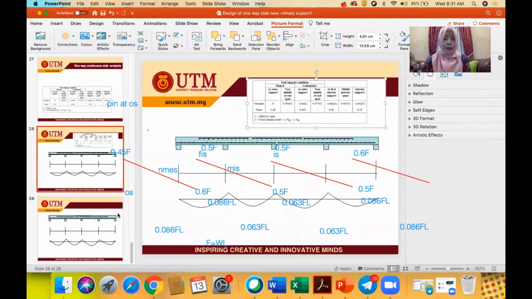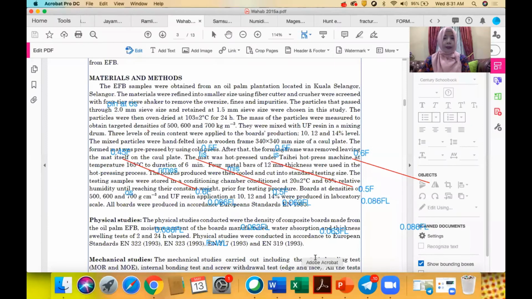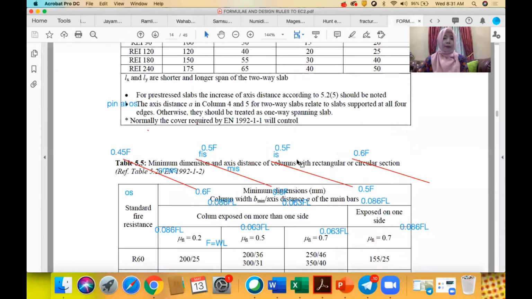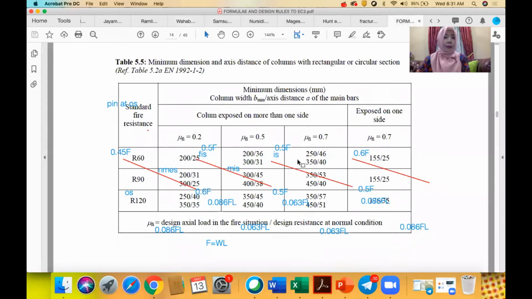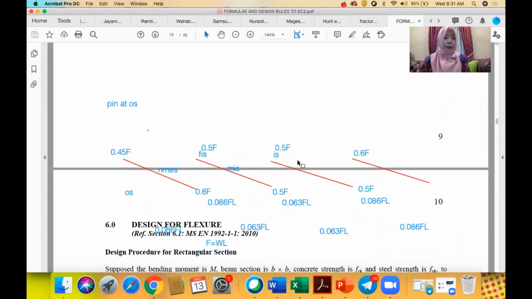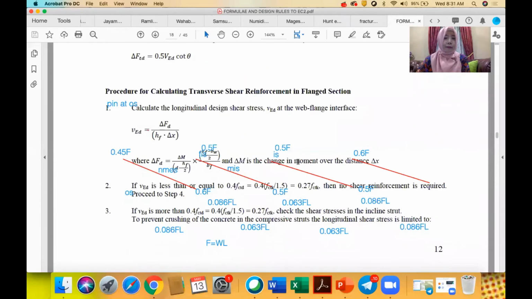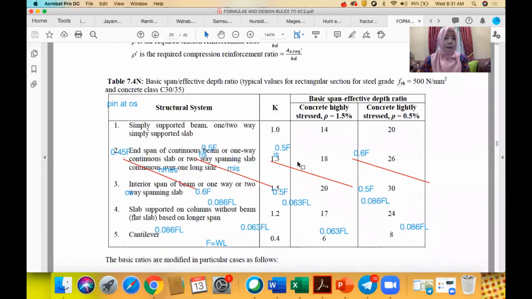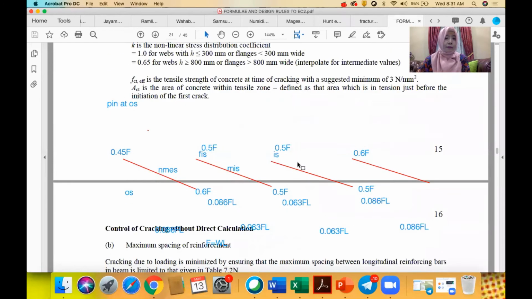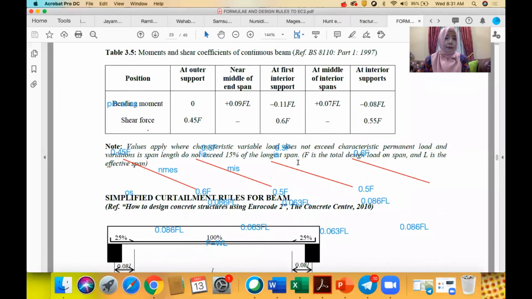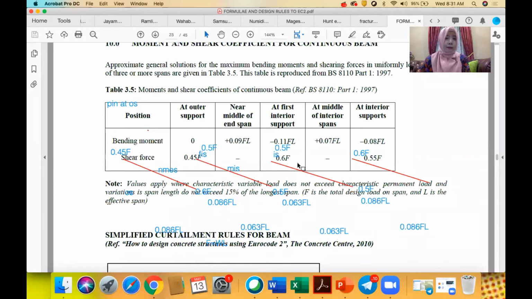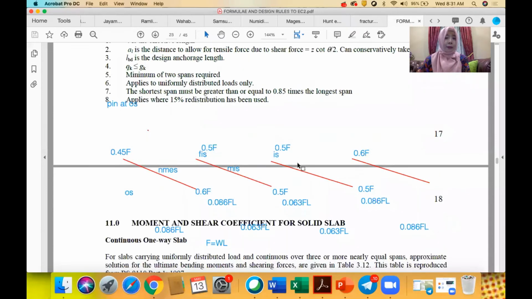Let us see the formula here, Table 3.14. This one is for the beam.